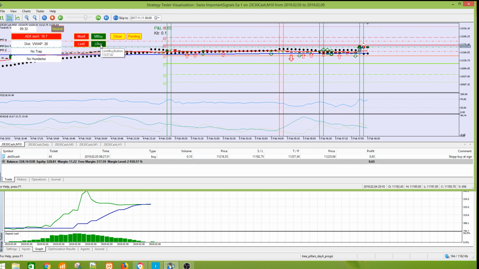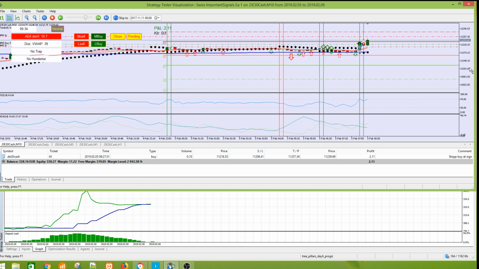That was not due to my action, but it was the change of the parabolic. This is a bit too restrictive. It doesn't allow to buy because the ADX is so low. I have to change that in the program. You see, this goes upwards.